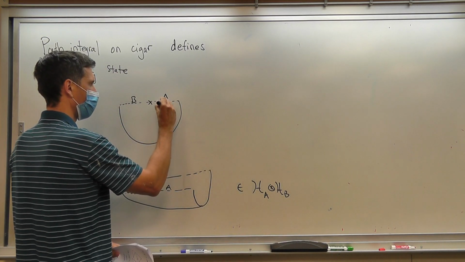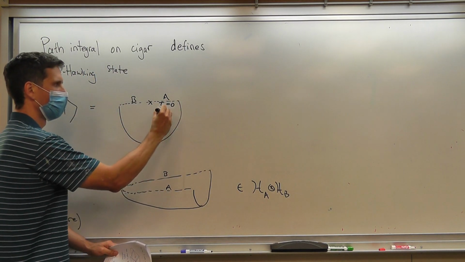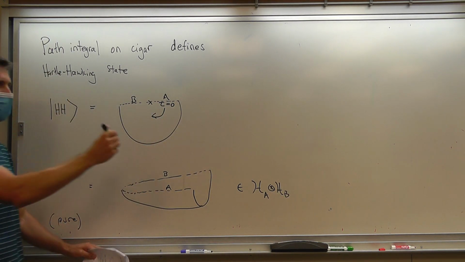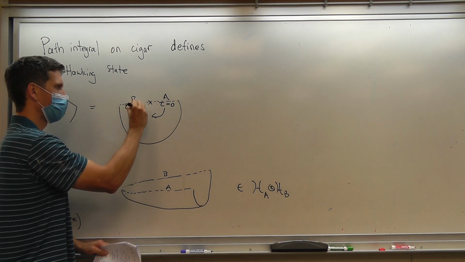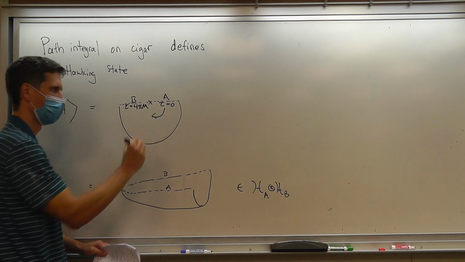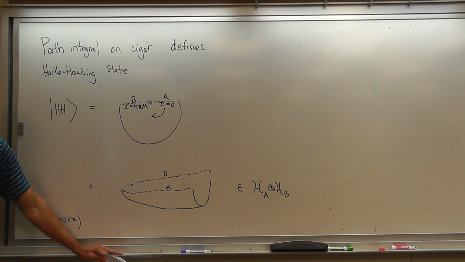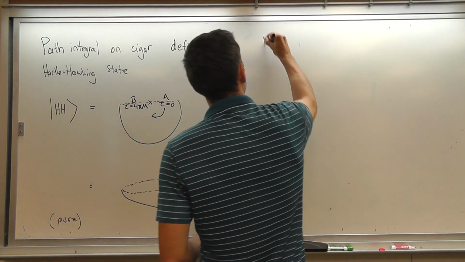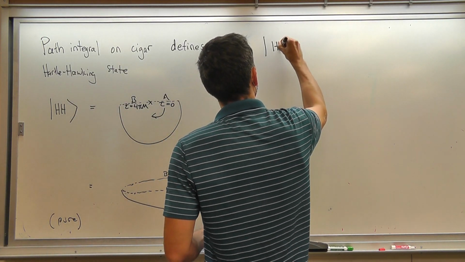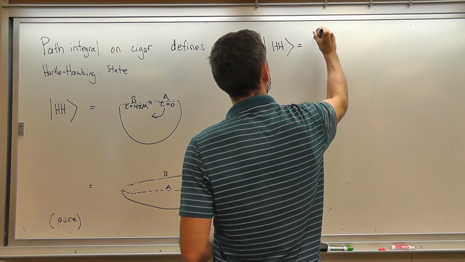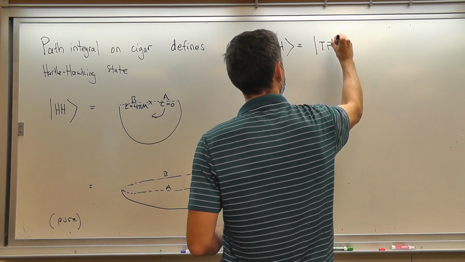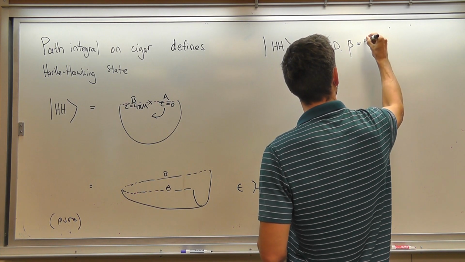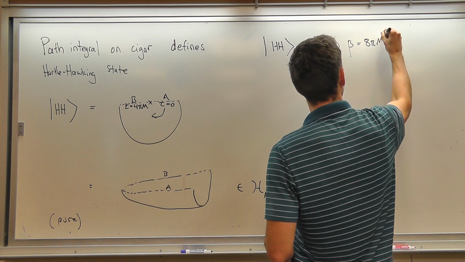So let's write down a formula. This is tau equals 0, and tau is the angular direction, and this is halfway around the circle, so it's at tau equals 4 pi m. Therefore, the Hartle-Hawking state is exactly the thermal field double state that we defined at inverse temperature 8 pi m.